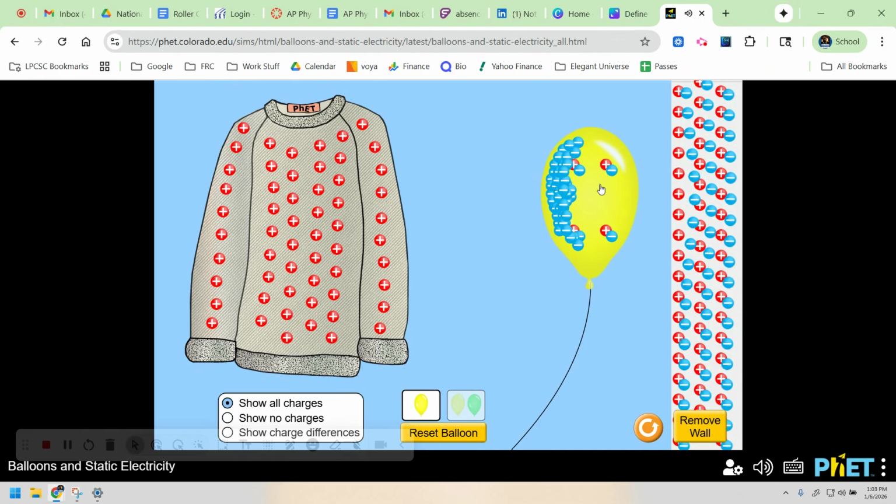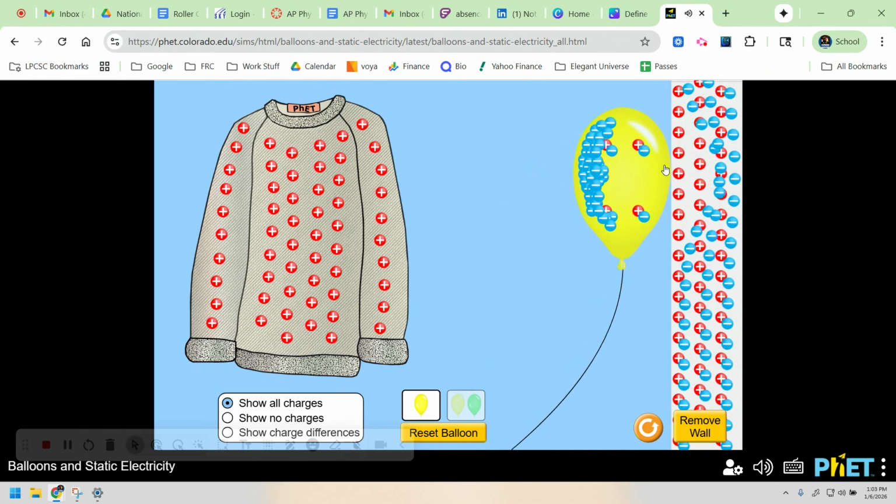But now here's what happens when I put this on the wall. The first thing that happens is it sticks to the wall. Why is that? Well, it repels the electrons in the wall away from the balloon. But then you have all these positive charges on the surface of the wall.